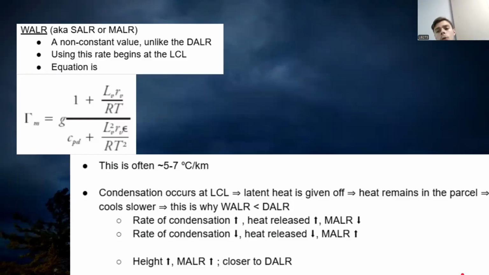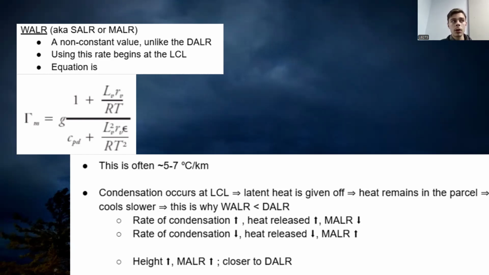All right, now the wet adiabatic lapse rate. I also want to mention that some people call this the saturated adiabatic lapse rate or the moist adiabatic lapse rate. Those are synonymous, but I will typically use the WALR. This value is certainly not constant, unlike the dry adiabatic rate. Using this rate begins at the LCL.